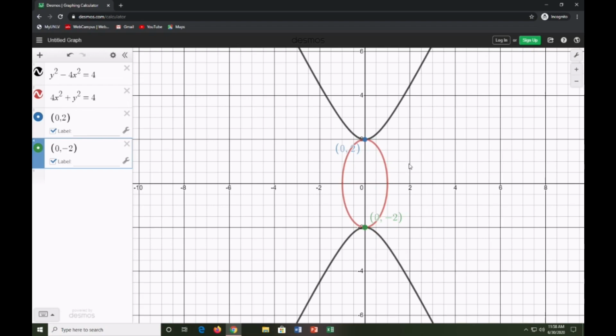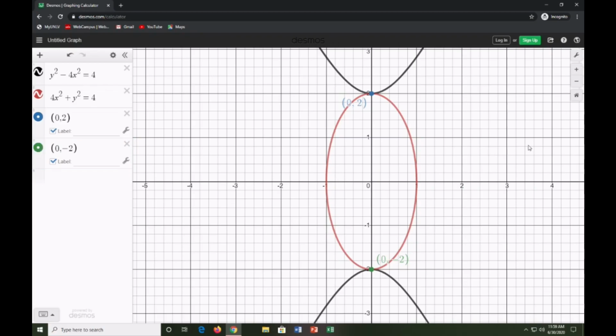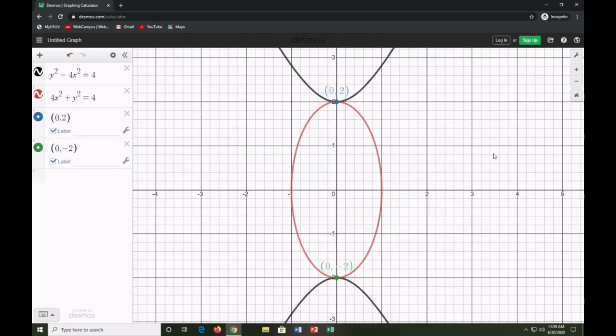Nonlinear systems give us these curves, and these curves at some points intersect each other, as we found, and those points that we were finding are the points at which these curves, the ellipse and the hyperbola in this example, are intersecting each other. Maybe I should zoom in a little more, like that. Very cool, isn't it? So that's what it means to find the solutions of these systems.